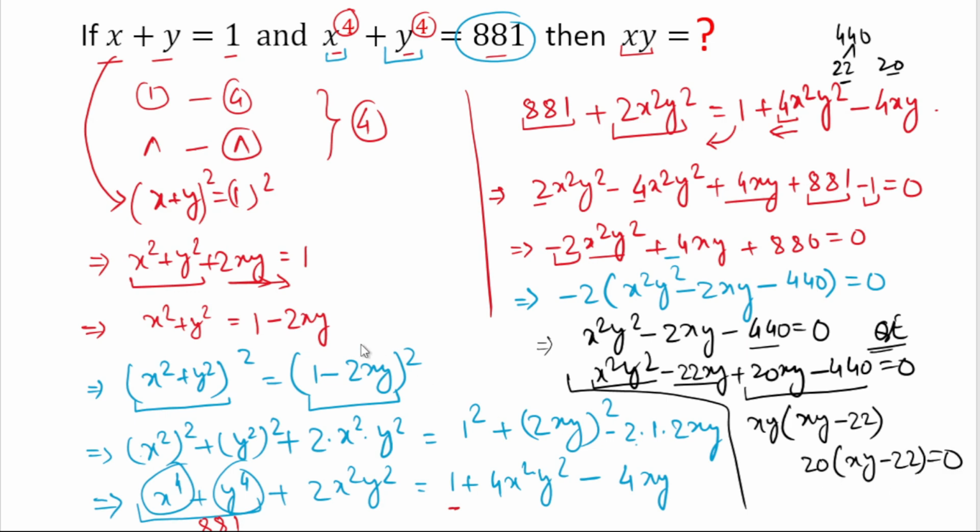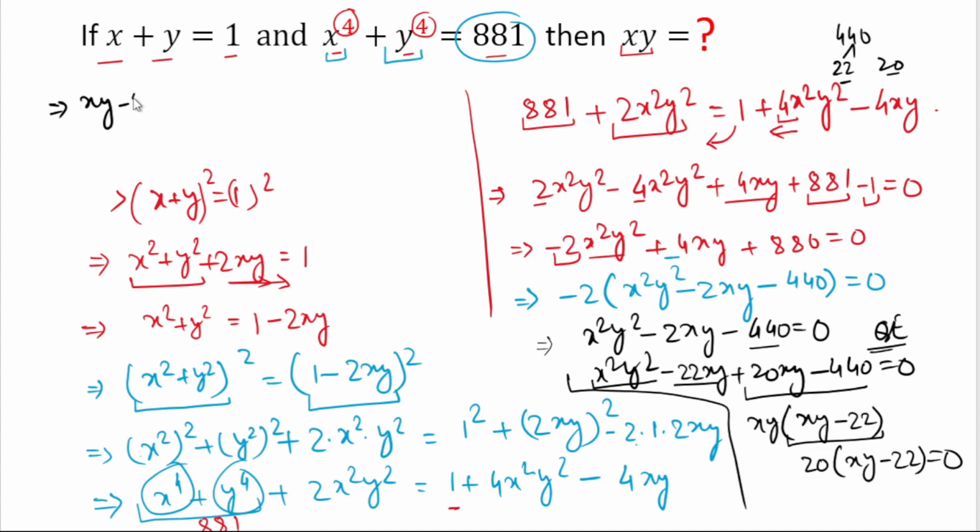Now for further solution we'll erase this. From here again we can take xy minus 22 common, and the other factor will be xy plus 20, equal to 0.